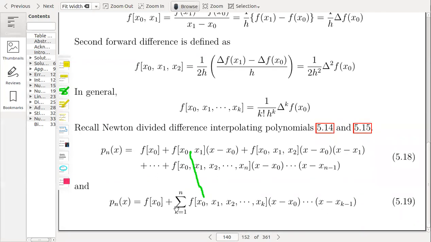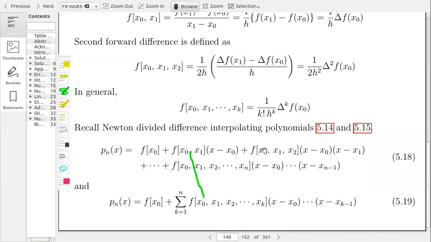So now it's the same polynomial. And this polynomial can be written in the form of a sum, because we can separate this f of x naught from the other terms. f of x naught plus f of x naught x1 into x minus x naught plus f of x naught x1 x2 into x minus x naught into x minus x1 plus so on, f of x naught x1 x2 so on xn into x minus x naught, so on x minus x n minus 1.